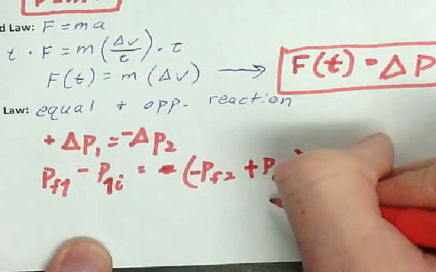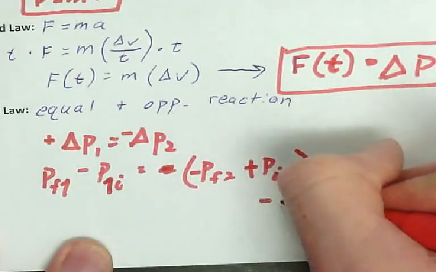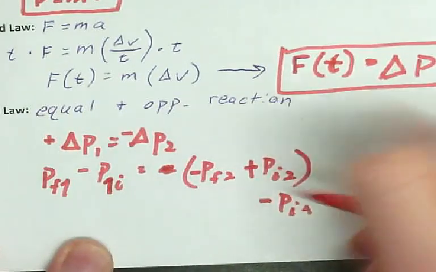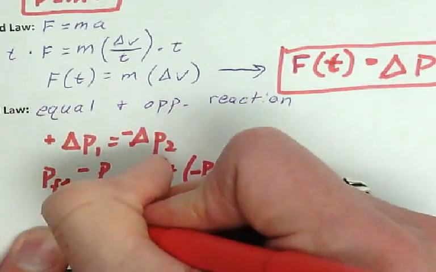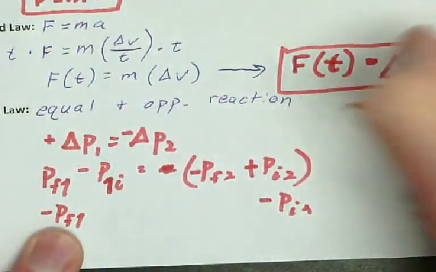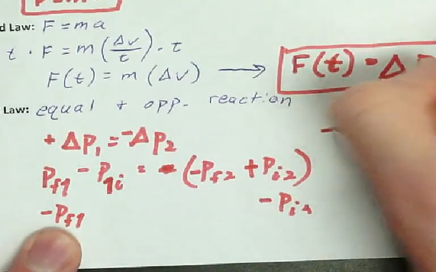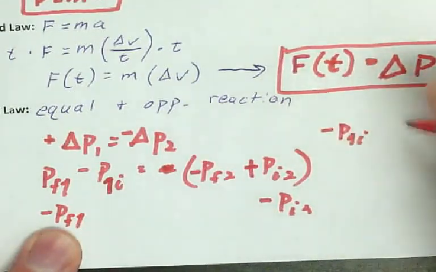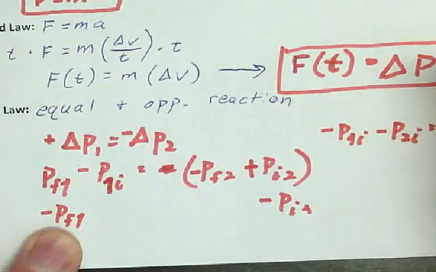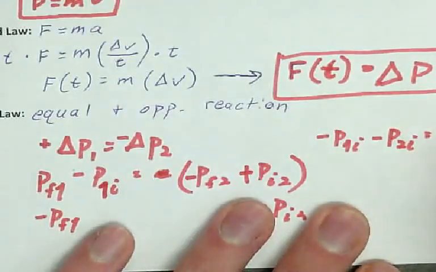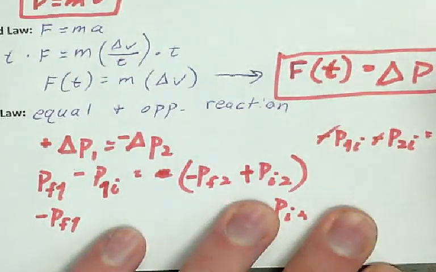So I'm going to subtract the initial of 2. I'm going to subtract the final of 1. I'm going to get negative P1 initial minus P2 initial equals negative P2 final minus P1 final. Get rid of all these negatives.